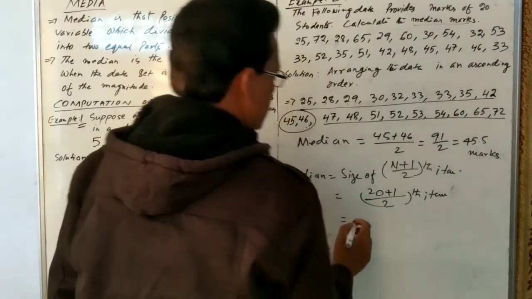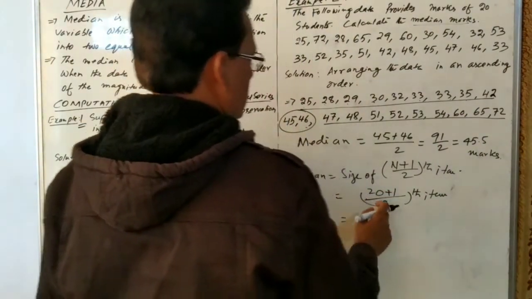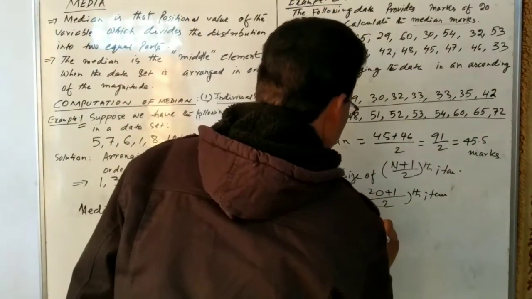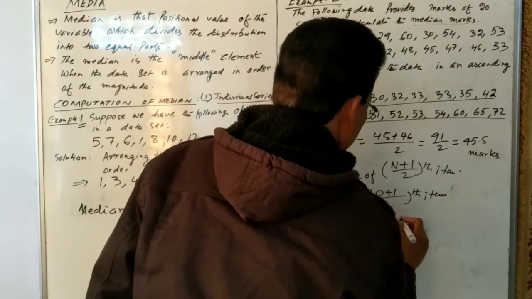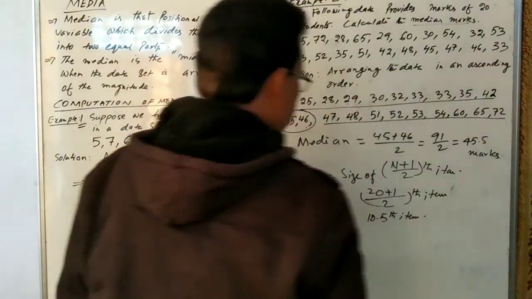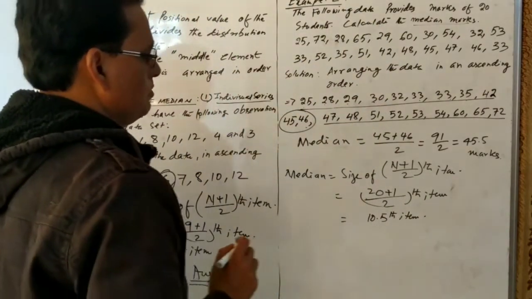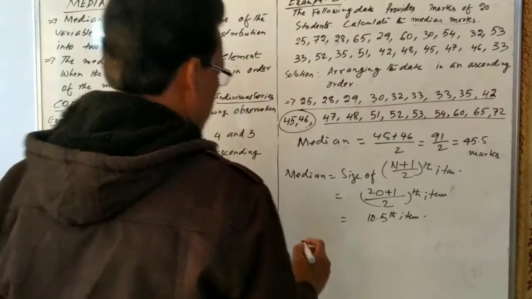It means this is 21 divided by 2, which is 10.5th item. So whenever this type of value is given, let us see how we can calculate this.